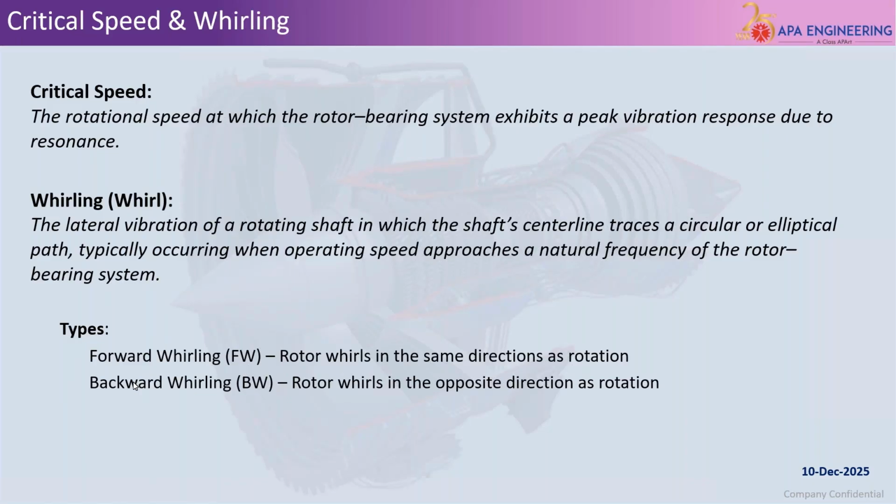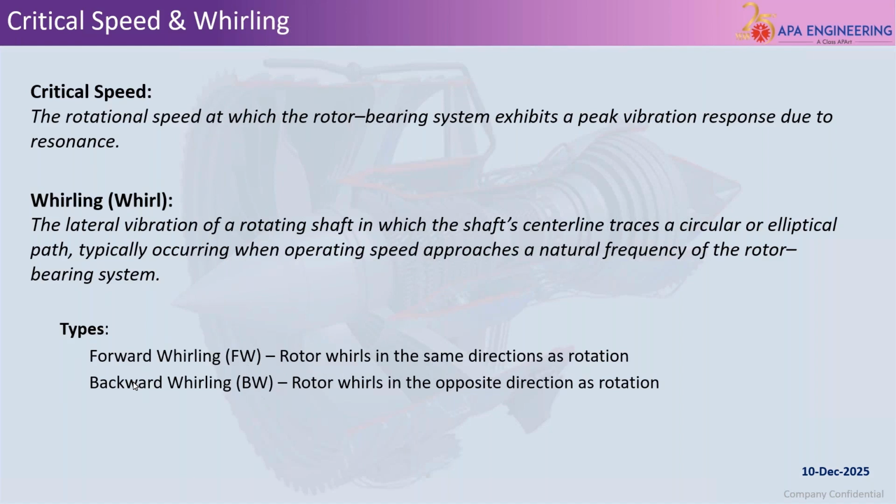Critical speed is a rotational speed at which resonance occurs, right? So what does it mean? It means that when the rotor's vibration amplitude spikes due to a matching natural frequency, we say the rotor is at its critical speed.